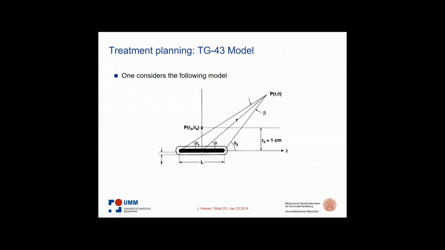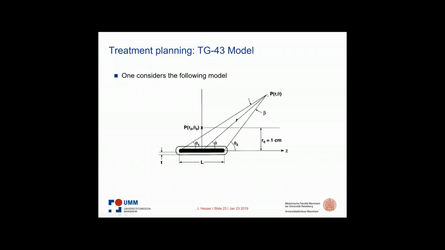It's cylindrical, so we can just take a 2D sketch because it's rotationally symmetric. Here we have a second axis, and at a distance of one centimeter, we have a reference point. So r0 is 1 centimeter, and theta 0 is 90 degrees.